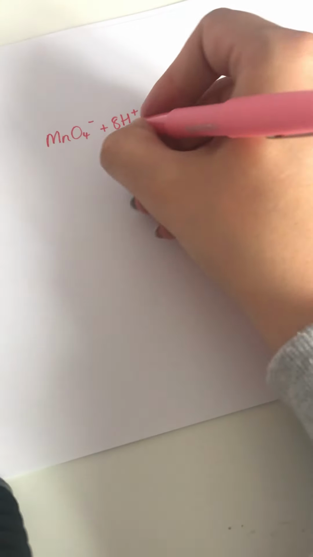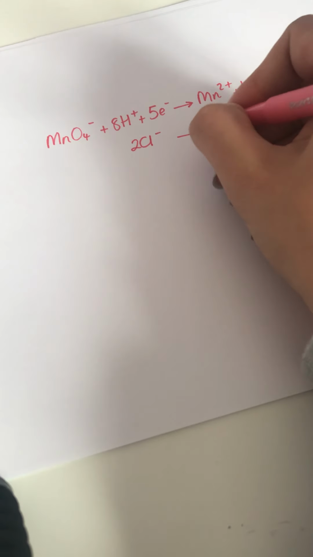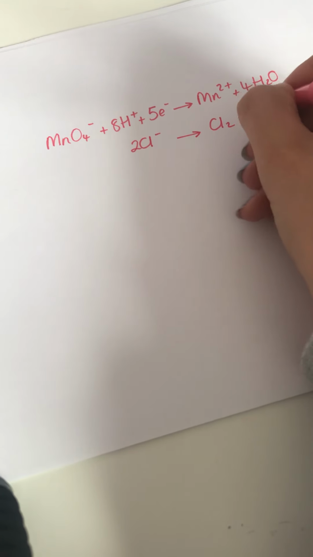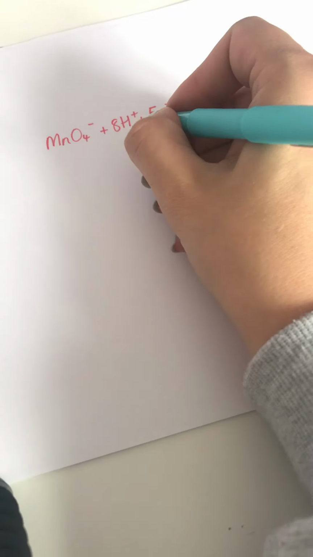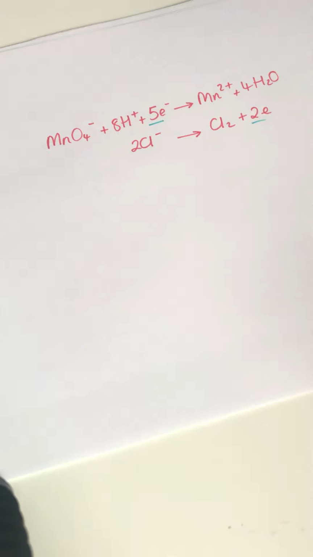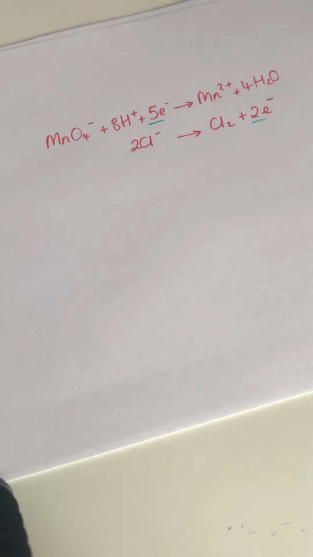So I've already worked out the half equation there. I'm going to combine that with the half equation for chlorine. Now, immediately I can see that I've got different numbers of electrons in both half equations. I have missed off my minus on my 2 electrons, my apologies.